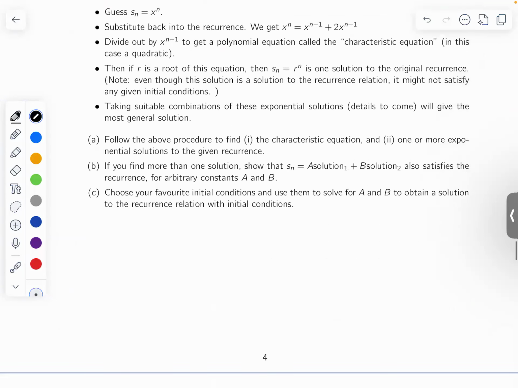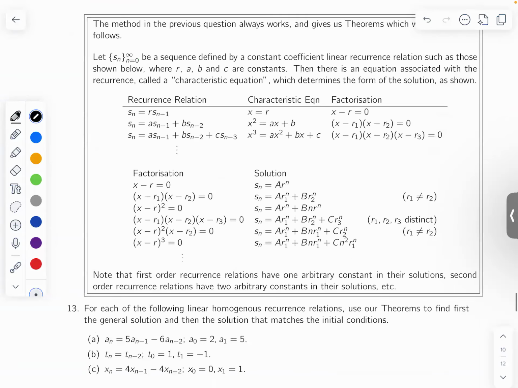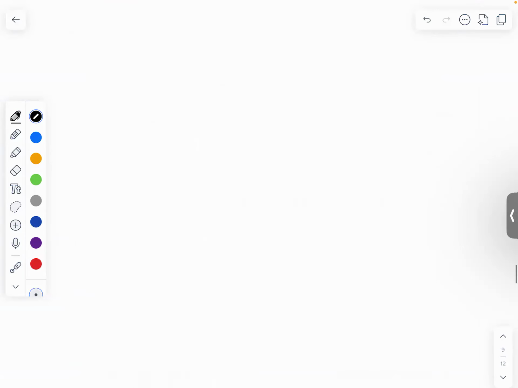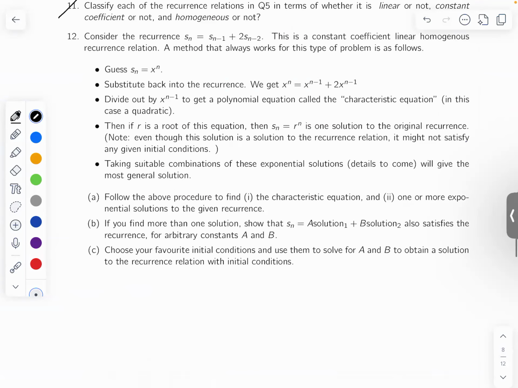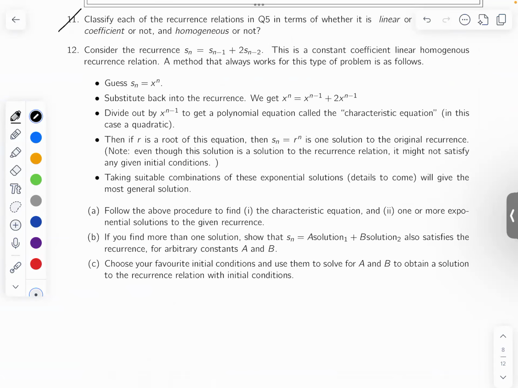Question 12. How many questions do we have? Okay, so 12, we are going to solve it. It is teaching us the notion of how to solve the homogeneous case. Question 13 deals with the non-homogeneous question.